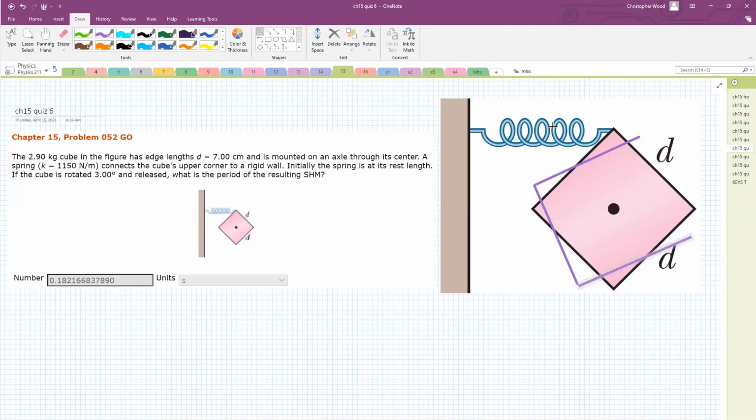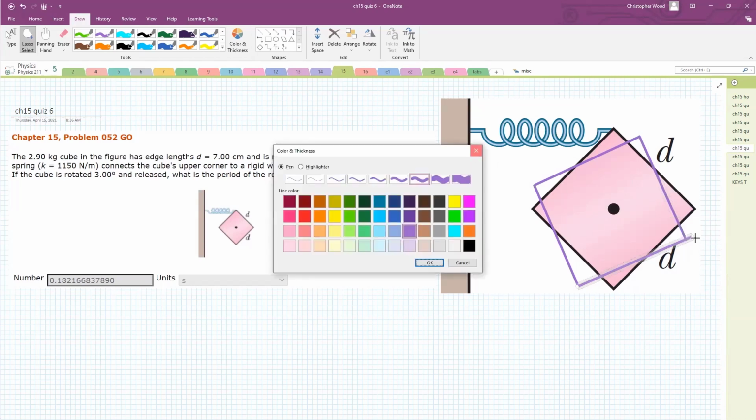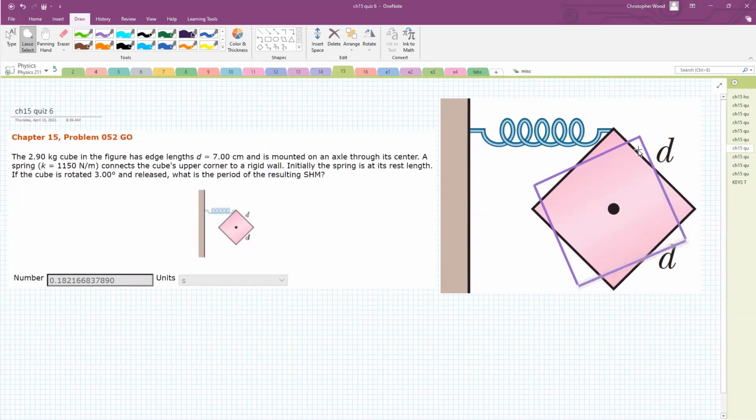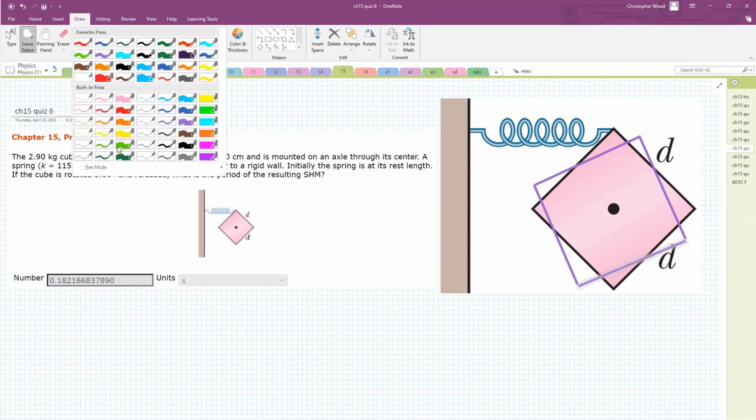Okay. So this is my cube rotated 3 degrees, about that axis of rotation. Okay. So let me just put in some reference lines.